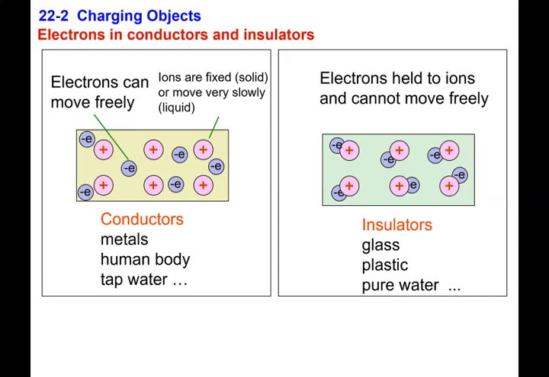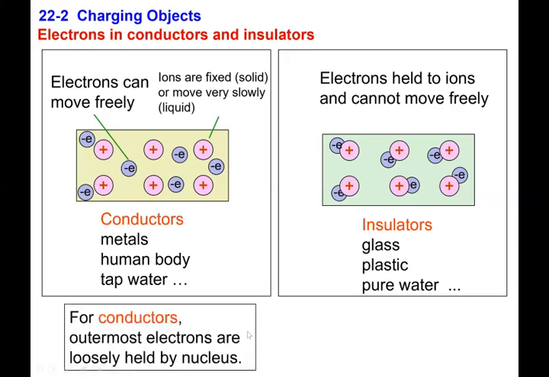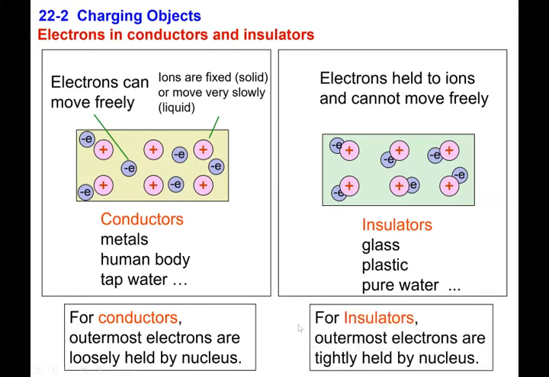Pure distilled water is non-conductive. So for the conductors, remember the outermost electrons are loosely held by the nuclei, and they can move around. That's conduction. And for insulators, the outermost electrons are tightly held by the nucleus, and they are not free to move.